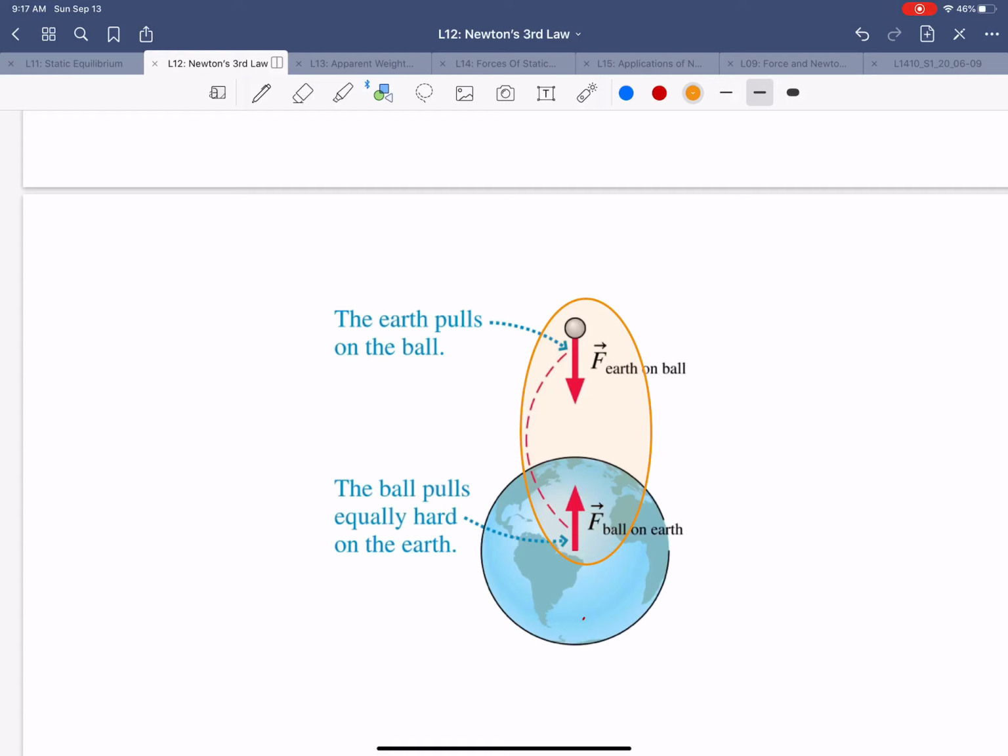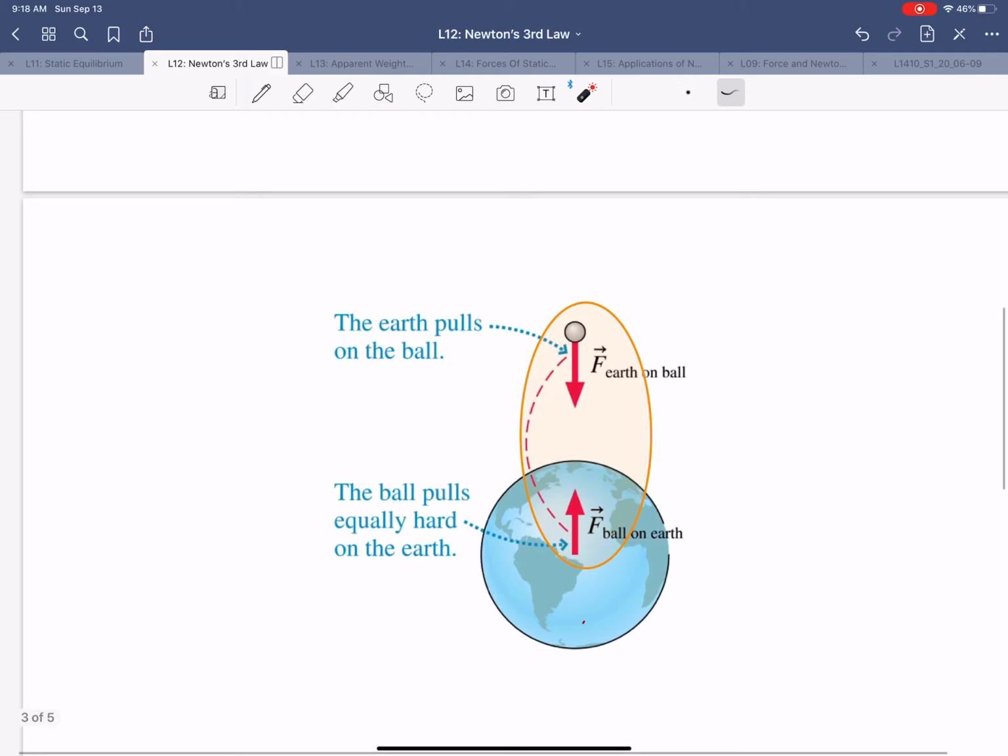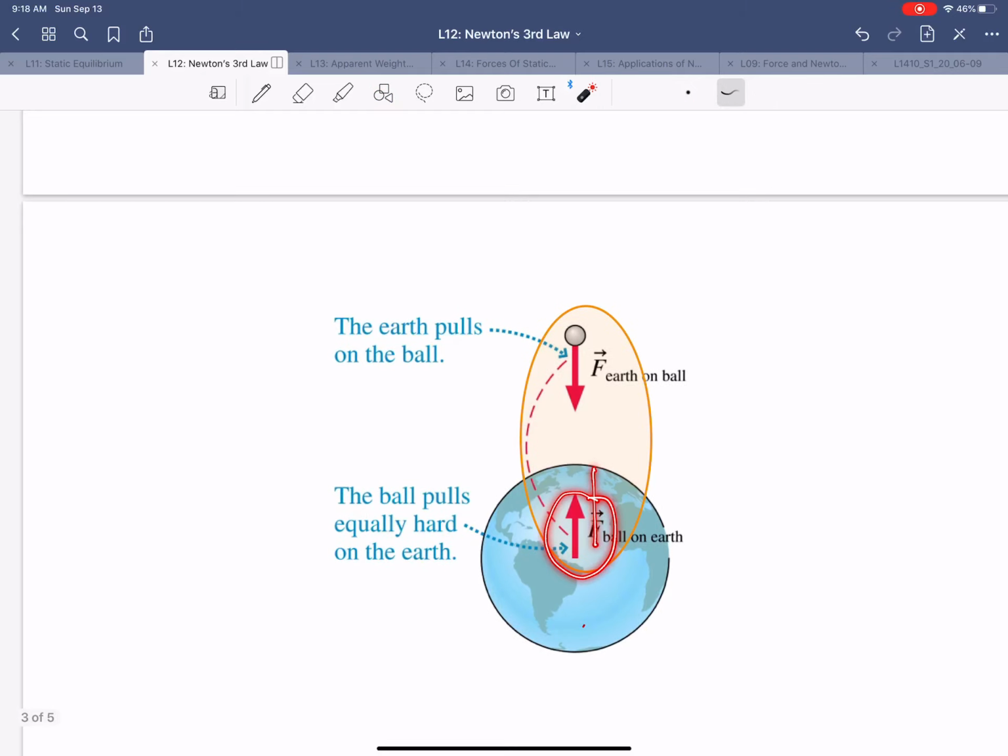Just as the earth pulls every object near its surface in the downward direction, these objects are also exerting a force on the earth, pulling it in the upward direction. And then a question you might ask is, if every object is pulling the earth up, if this ball is trying to pull the earth up, why is it that the ball is always the one accelerating down to meet the earth and not the earth moving up to meet the ball?